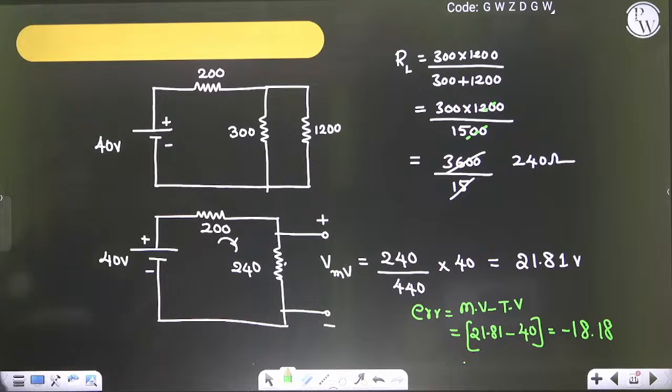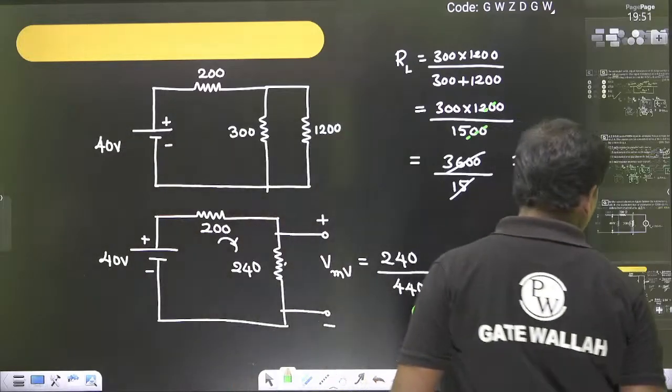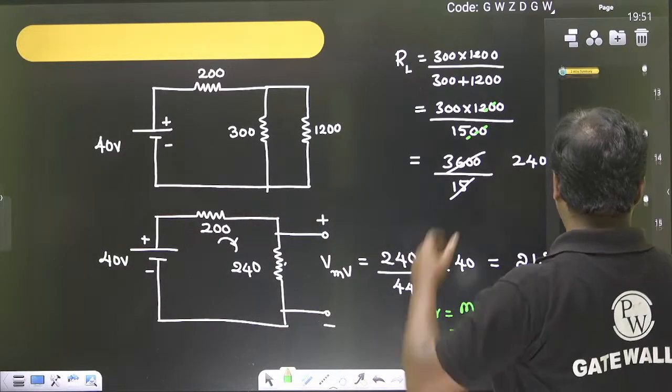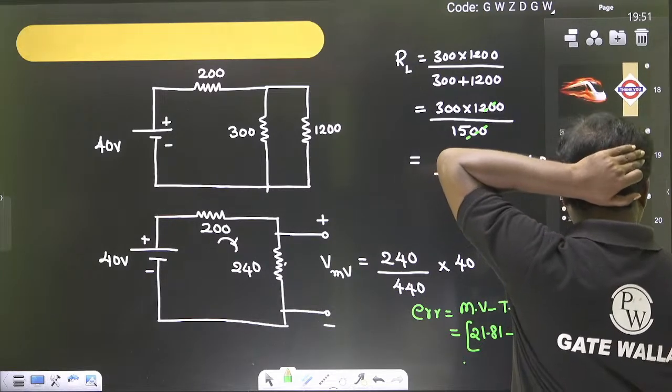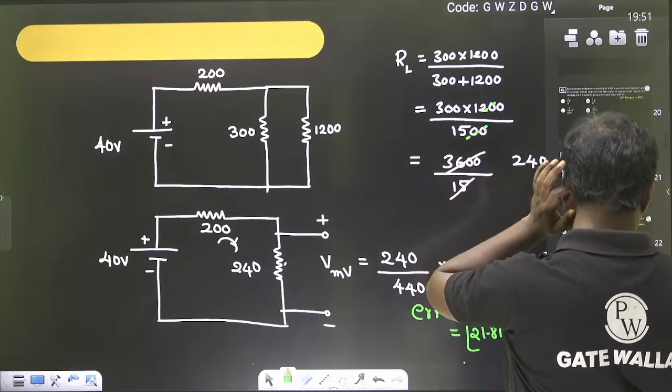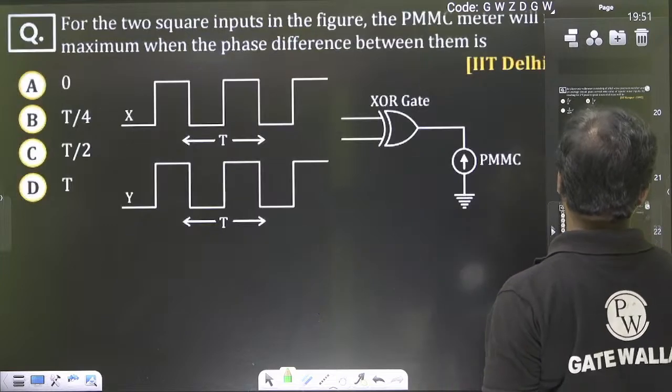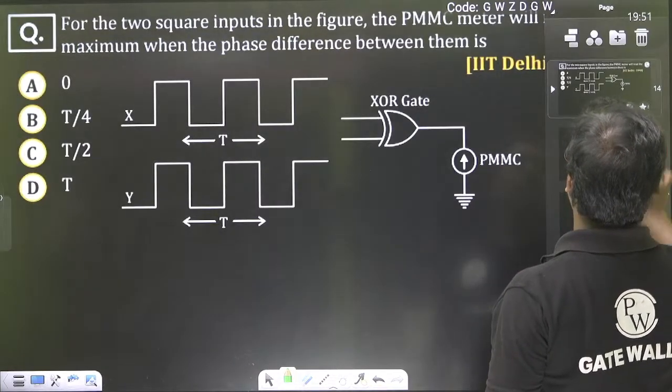Okay, let's move to one more question. I will give one question as an assignment now. Try to answer this question, IIT Delhi 1998 model.